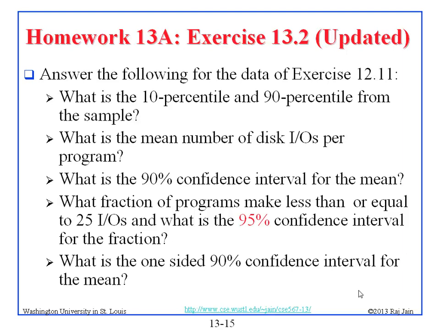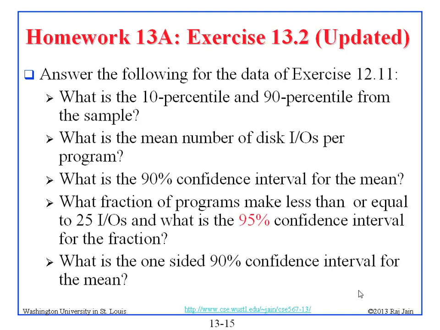And then the question is, what fraction of programs make less than or equal to 25 IOs? This you can just read from the data. You can just calculate how many programs made less than 25 IOs, and that will give you the percentage right there. And what is the 95% confidence interval for the fraction? Now this is something that we have not done.